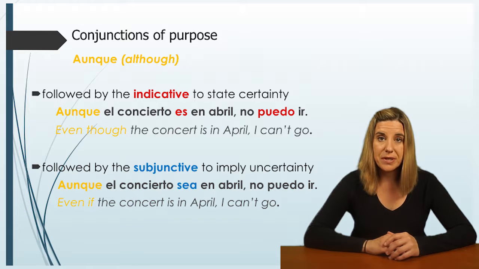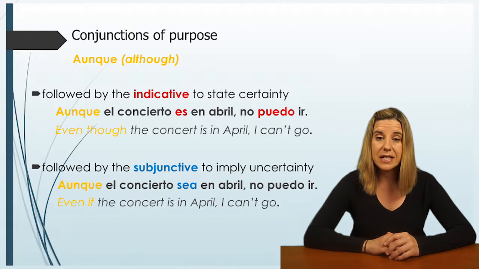One conjunction of purpose is aunque. This is an exception to the rule always followed by the subjunctive because aunque can be followed by either the indicative or the subjunctive. We follow it by the indicative to state certainty. Aunque el concierto es en abril, no puedo ir. That's a certain statement.